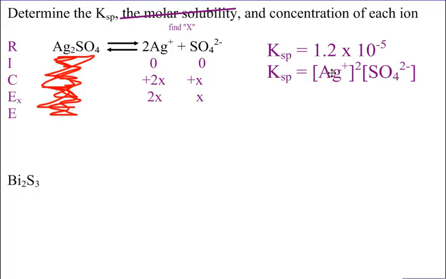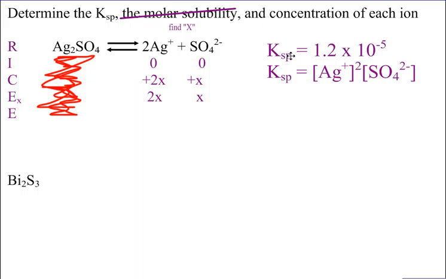Please, please, please, for the love of your score and our collective bonus at the end of the year, do not skip the step of writing your equilibrium expression on any equilibrium problem, even if it doesn't ask for it, because oftentimes they might not ask for it, but they will give you points if you place it. So this is my equilibrium expression. Notice it was not asked for, but I'm going to put it on here because I want those free points.